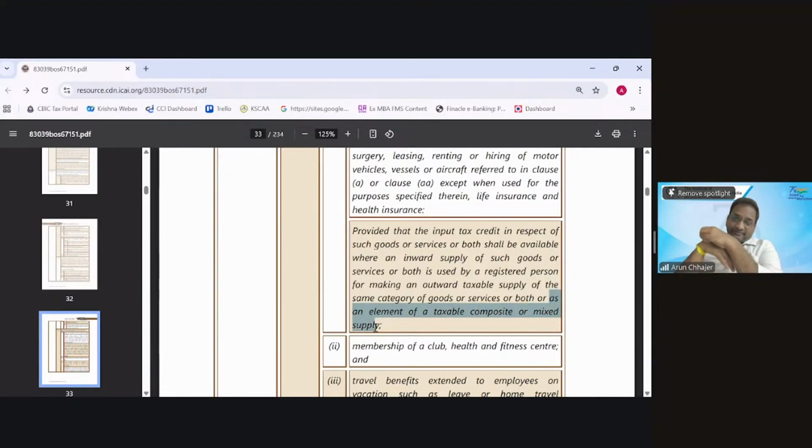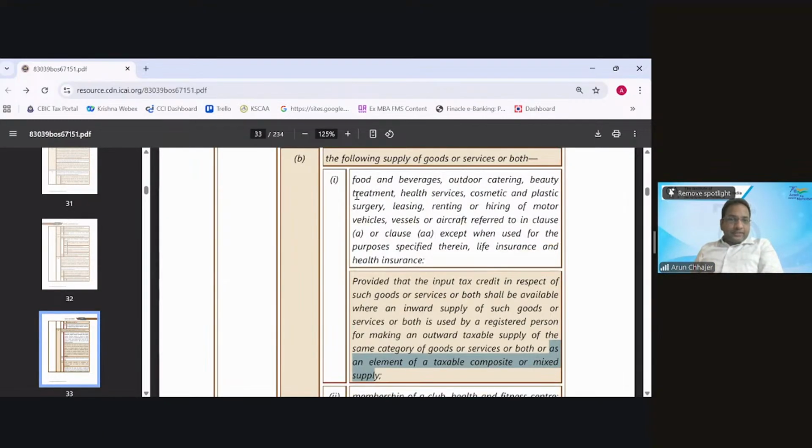Very important line. If I am using any of the above items, food and beverages, for making the further food and beverages supply, ITC will be allowed or not? ITC will be allowed.